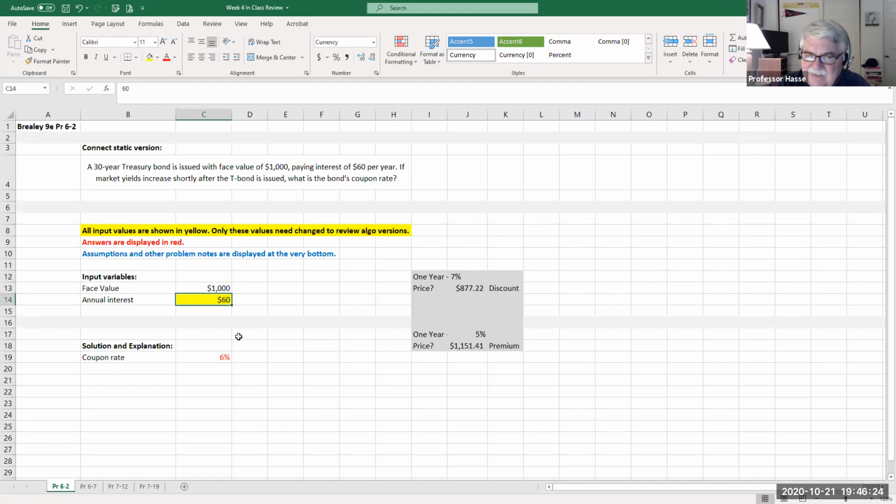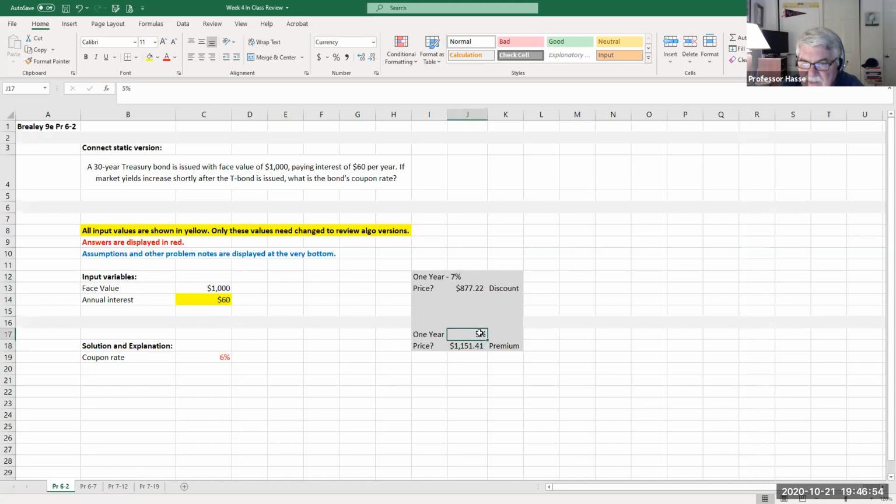That bond is still a 6% bond paying 6% interest, but the value of the bond will go down in the marketplace to $877.22. That's the present value of a 6% bond in a 7% market. And vice versa. If my 6% bond is now in a market of 5%, the bond has a price of around $1,151.